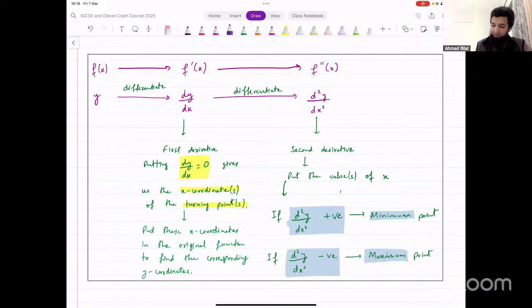Then if the second derivative is positive, you have a minimum point. If the second derivative is negative, you have a maximum point. Okay. This is how we find stationary points and their nature. Does this make sense? Any problems in this? All right, right?